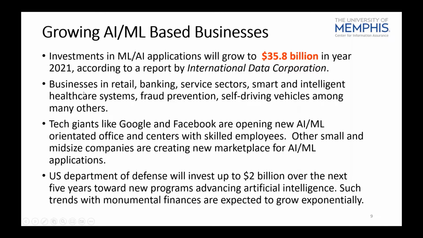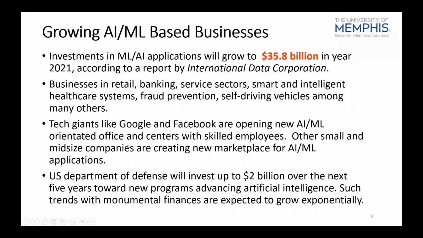That was from 2 years back, but that number is significantly increasing as the business in retail, banking, service sector, smart and intelligent healthcare system, fraud, as we listed in the previous slide. Tech giants like Google and Facebook are opening new AI/ML-oriented offices and centers with skilled employees.